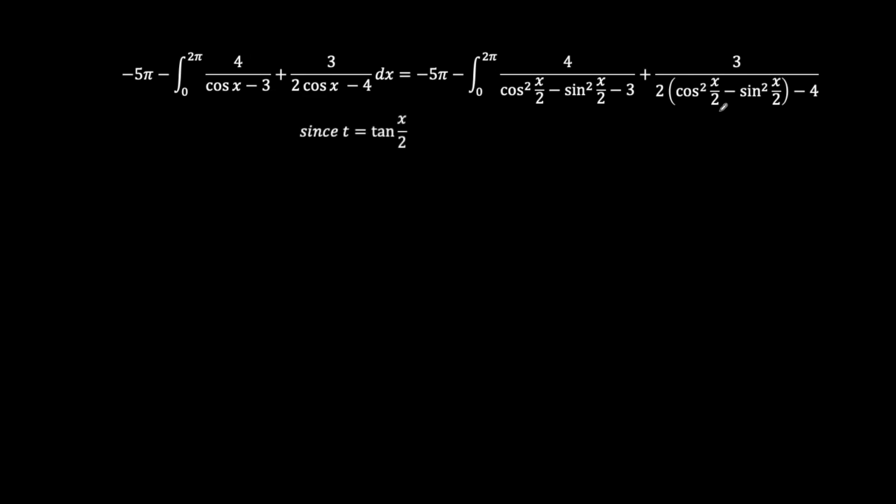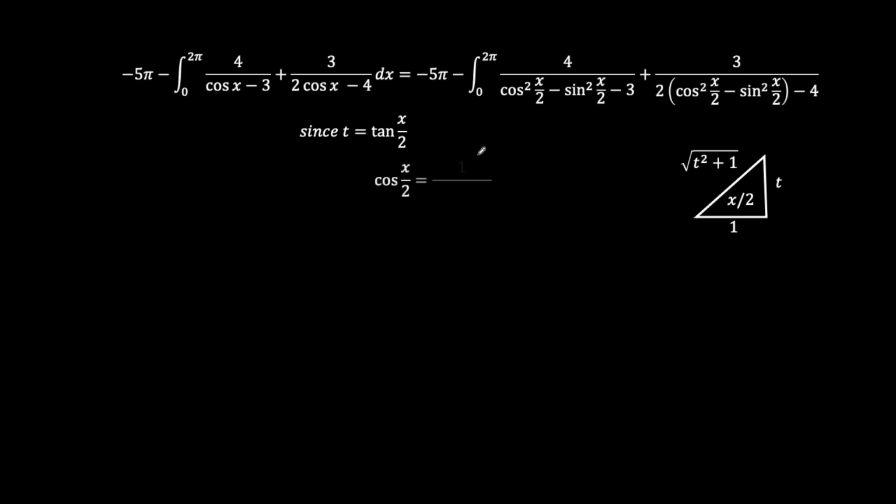Now, since t equals tangent x over 2, if we have a right angle triangle and the base angle there is x over 2, and since the tangent of x over 2 is t, and we know that tangent of an angle is the opposite over the adjacent, so t is the same as t over 1, so our opposite would be t, and then the adjacent would be 1, and the hypotenuse therefore would be the square root of t squared plus 1.